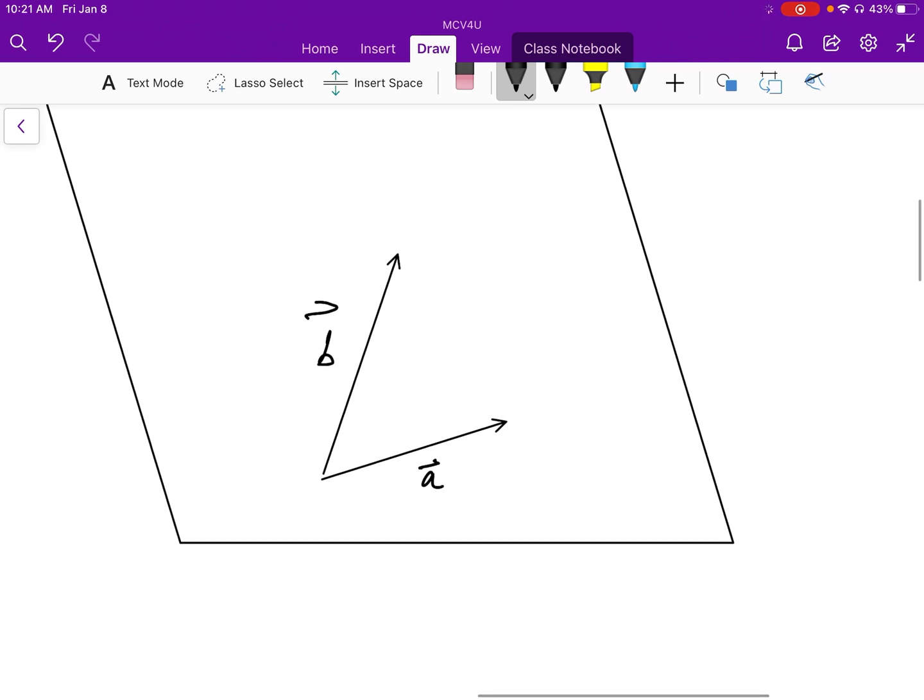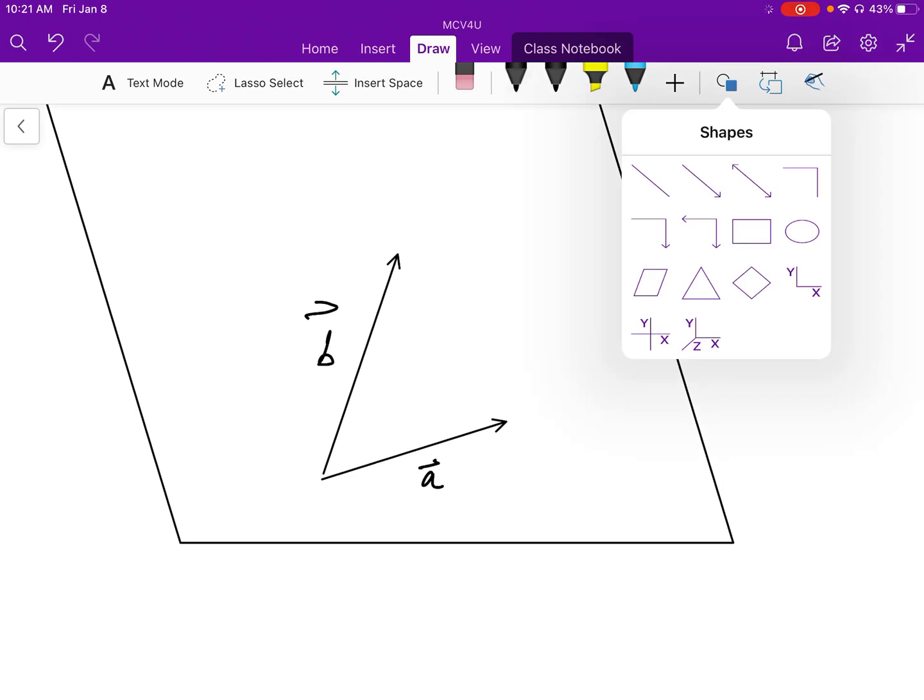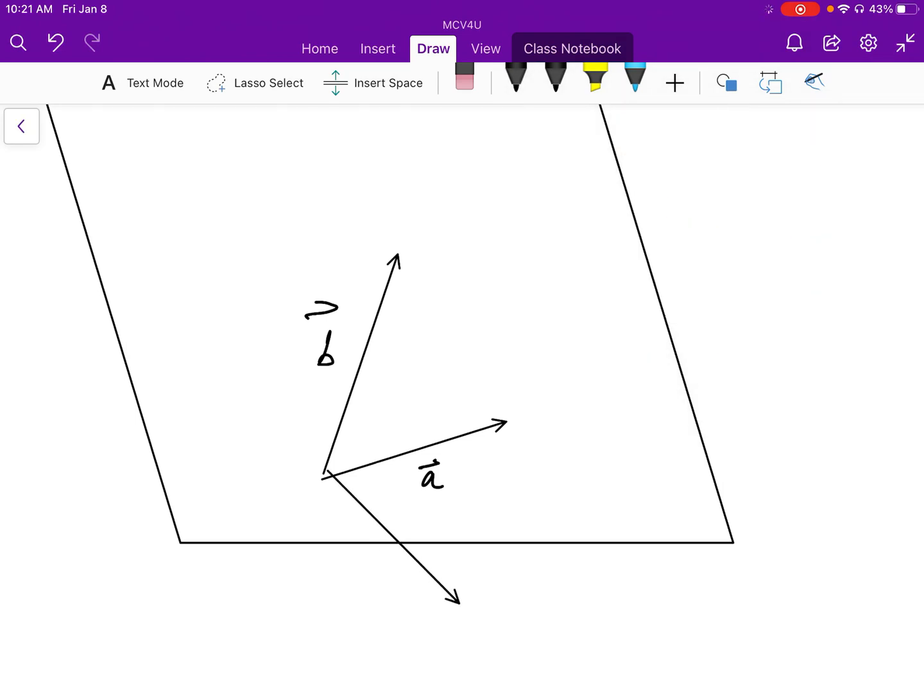It's on the plane because we're saying it is. Any two non-collinear vectors define a plane. So the cross between them, this is A cross B. We know that A cross B is perpendicular to both A and B, because it's perpendicular to the whole plane.